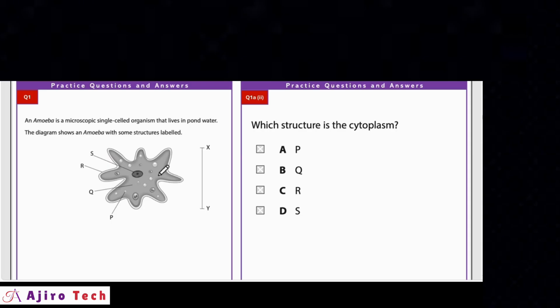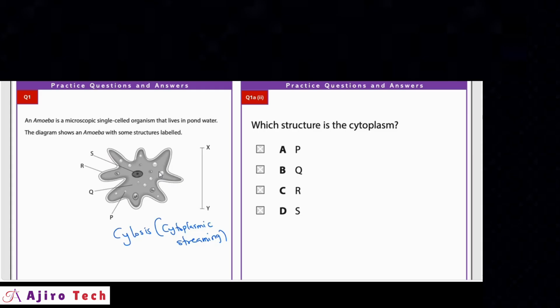But at the same time, there is cyclosis, yes, that is the term used for it. Cyclosis is known as cytoplasmic streaming. This cytoplasmic streaming means the flowing of the cytoplasm.